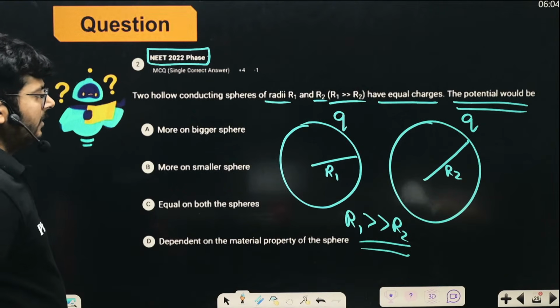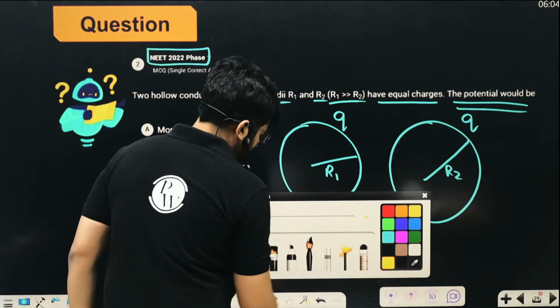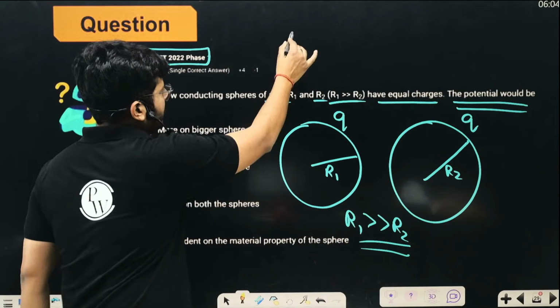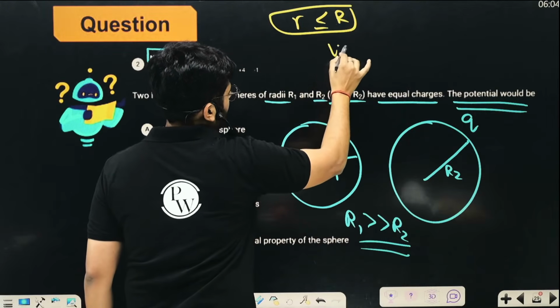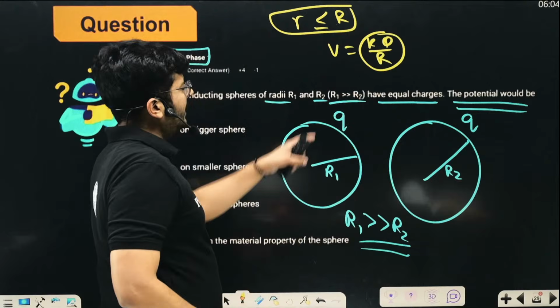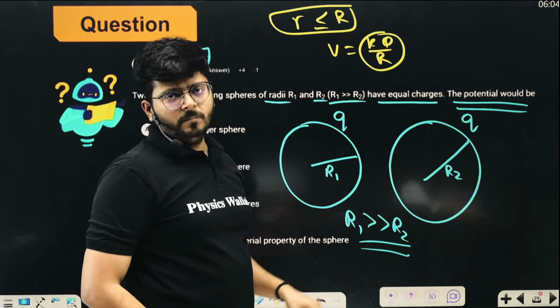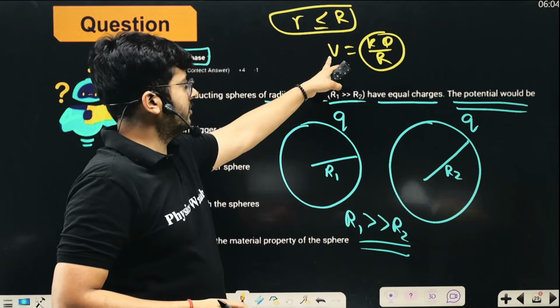The concept is very similar over here. For a distance less than or equal to the radius, the potential is kq by r. So you see that potential is inversely related to the radius of the conducting sphere or shell, whatever it is.